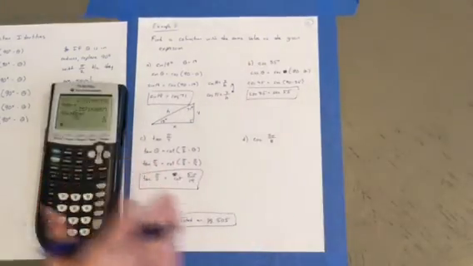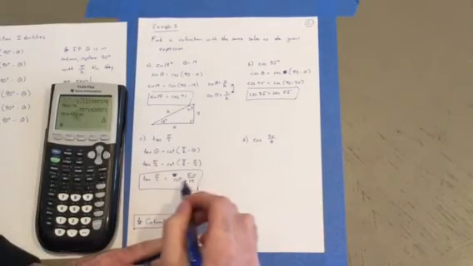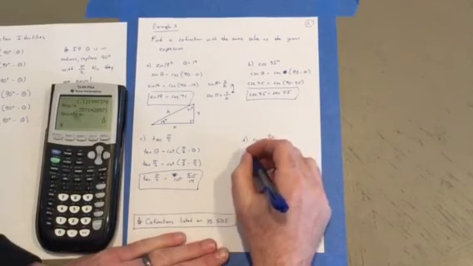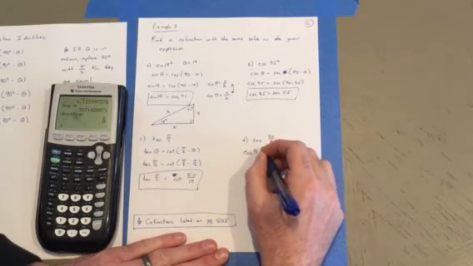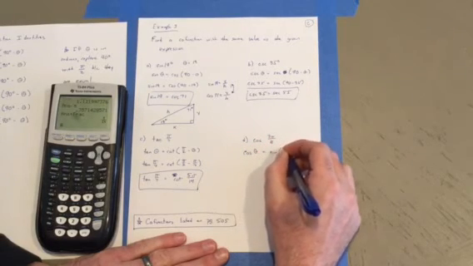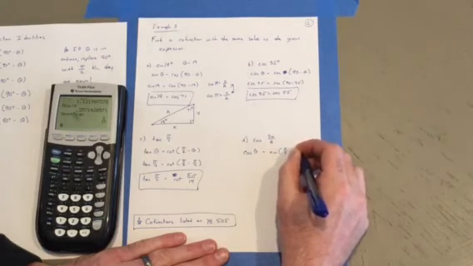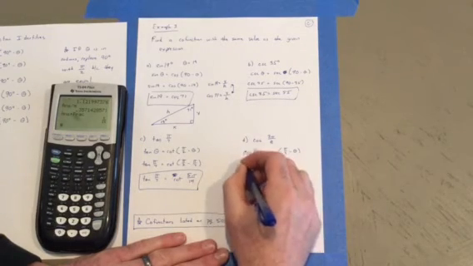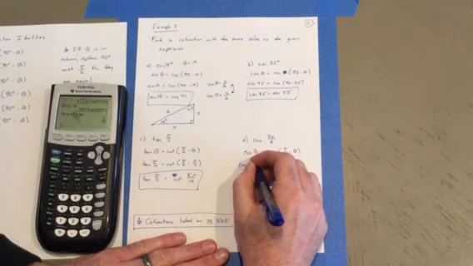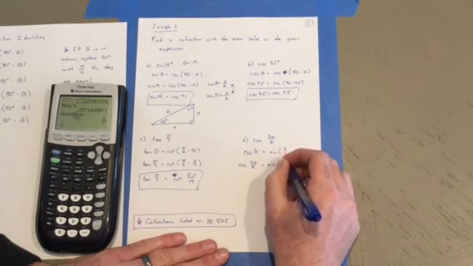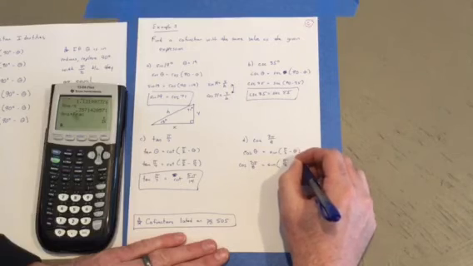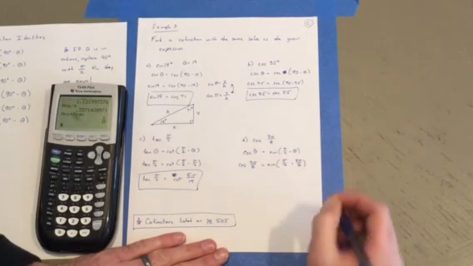All right, last one. You may have lost a little bit on that one, so we'll try it here. My identity: cosine theta equals sine of pi over 2 minus theta. So cosine 3 pi over 8 equals sine of pi over 2 minus 3 pi over 8.